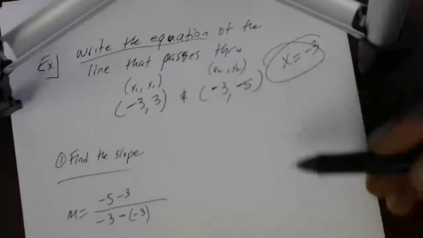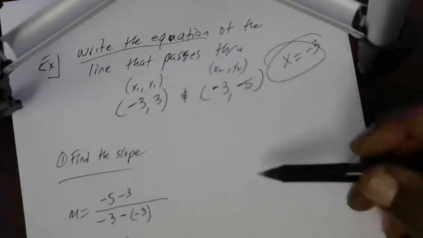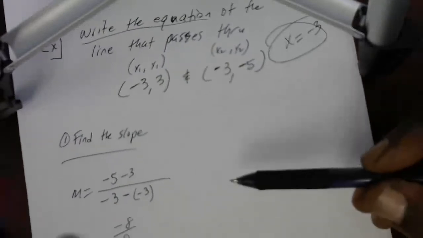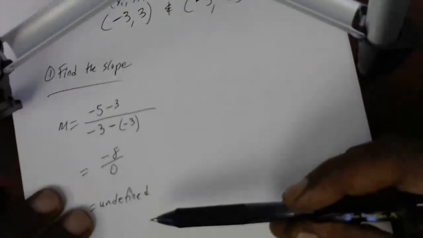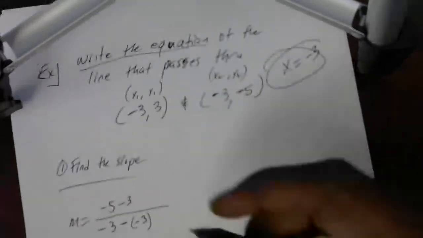So remember that if you're dealing with a vertical line, it has an undefined slope. So the slope is undefined.